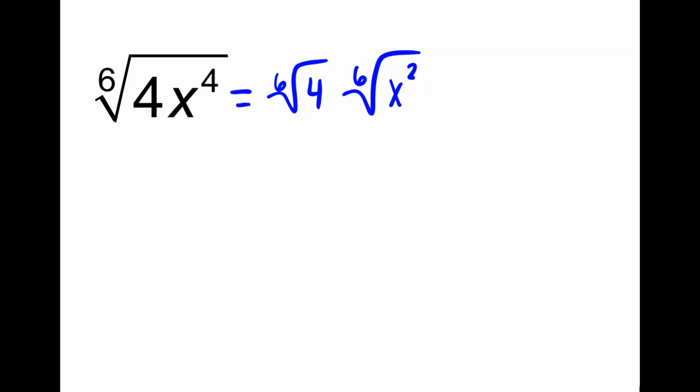Why don't you just simplify it to like 2x to the second? So what did you do there? Well, you took half of 4 and half the exponent, since it's in a radical. If that was just 4 alone, it would be 2, and if it was x to the 4th alone.